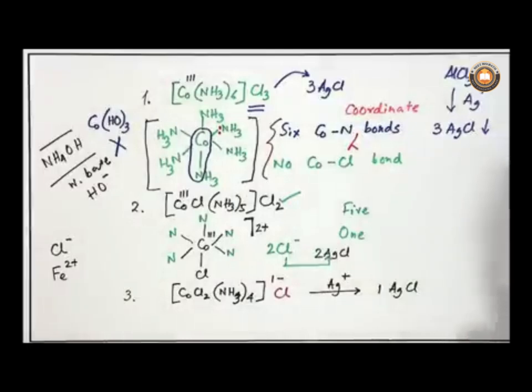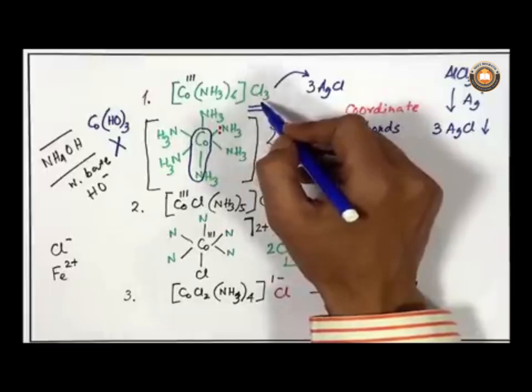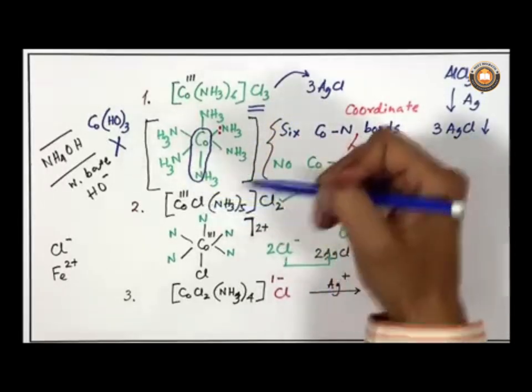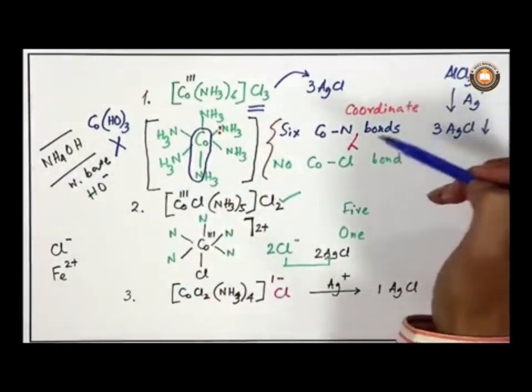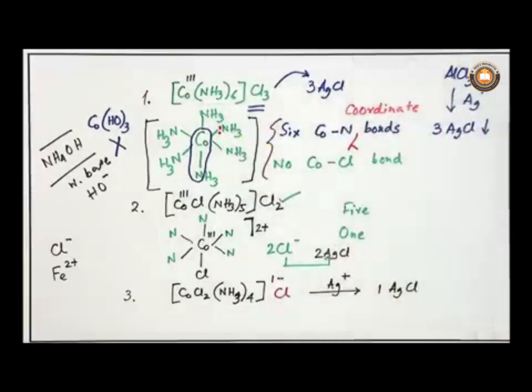How we can manipulate the removal of these hydroxides, we will see afterwards. Also, what is the corresponding product if we simply use ammonium hydroxide instead of a reaction where cobalt chloride is reacting with dilute ammonia.